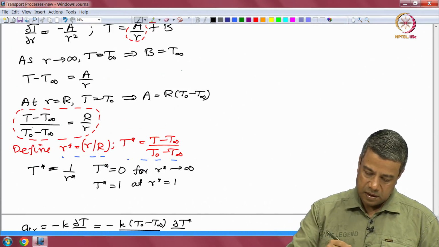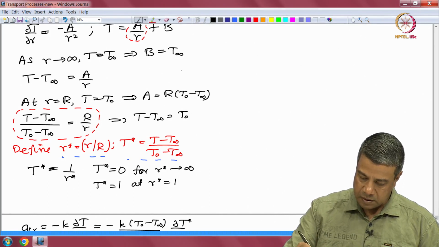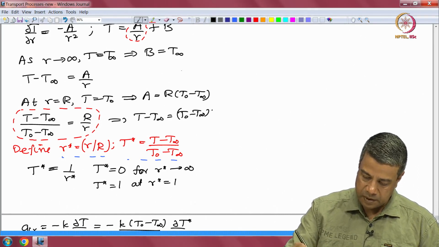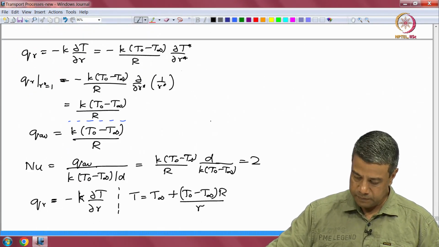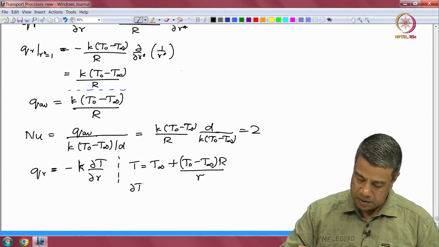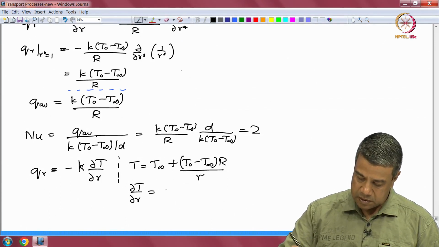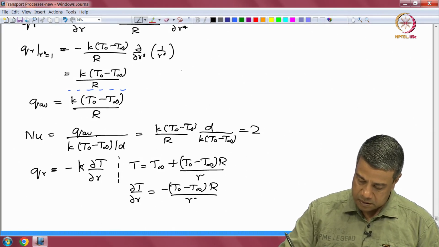(T minus T infinity) by (T naught minus T infinity) is equal to R by r. This will imply that T minus T infinity is equal to (T naught minus T infinity) into R by r. So, partial T by partial r is equal to minus (T naught minus T infinity) R by r square.